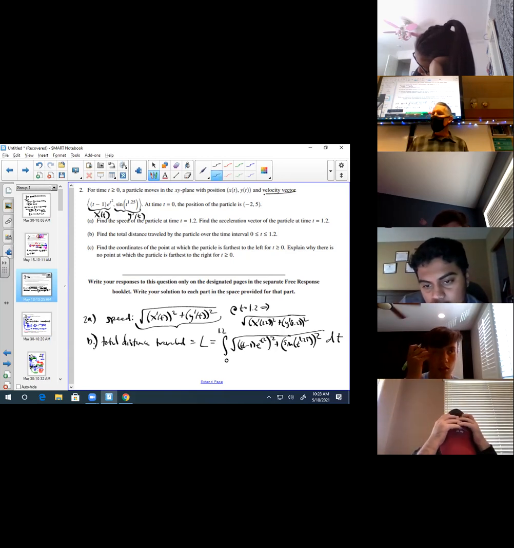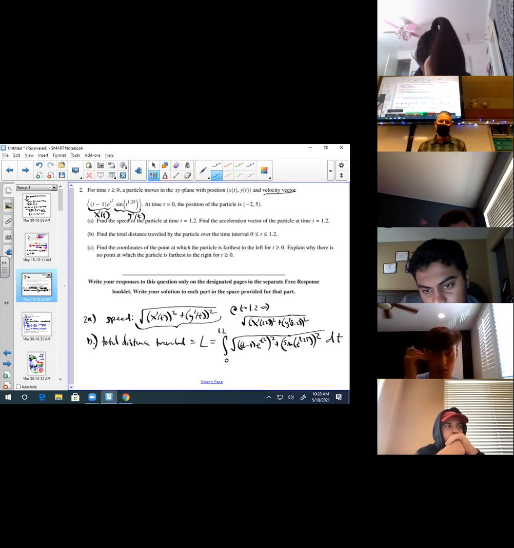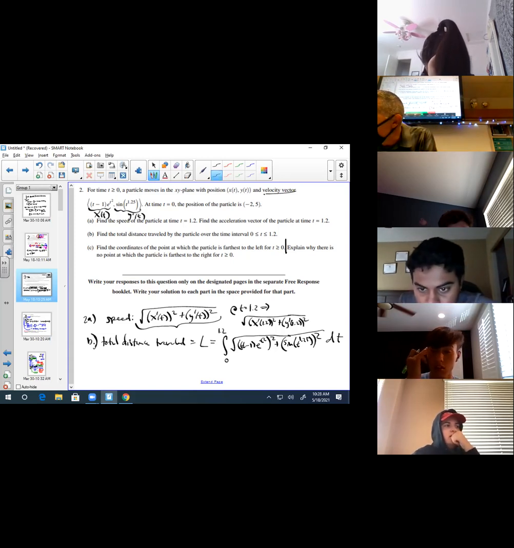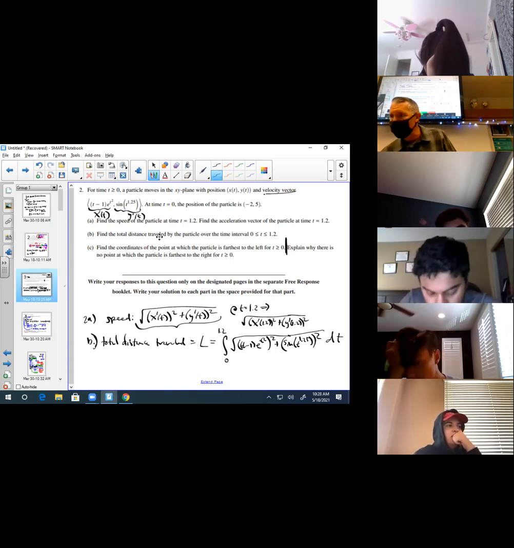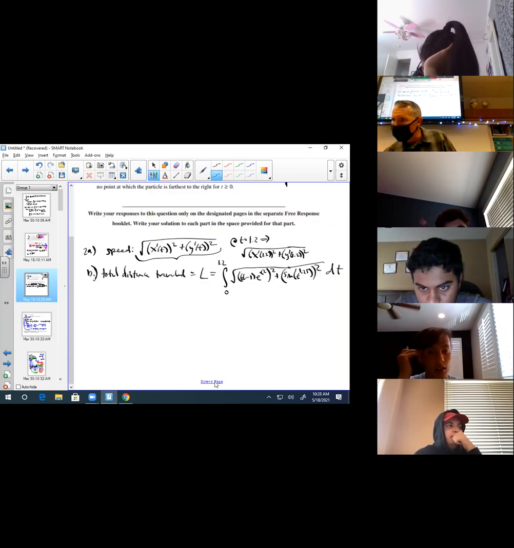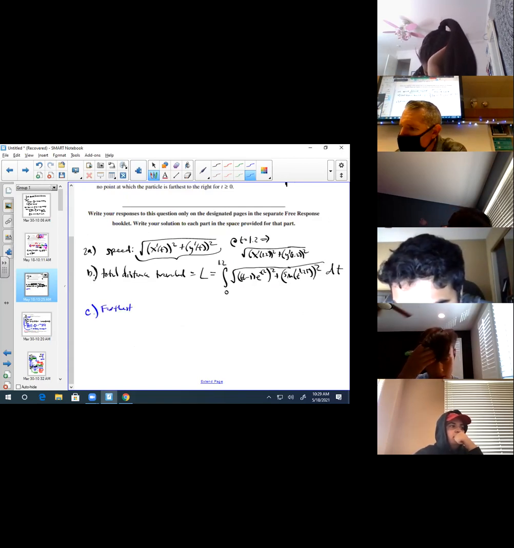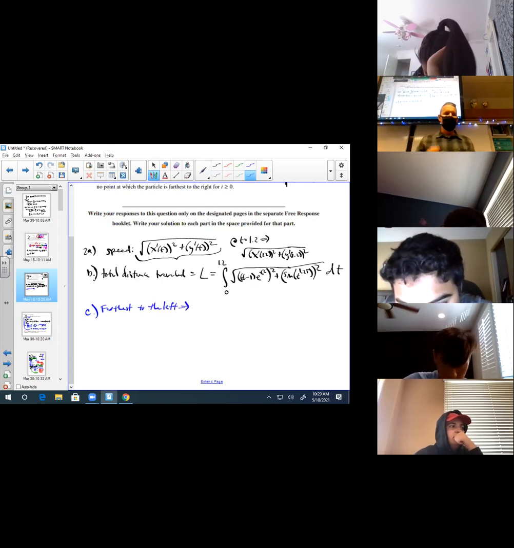Find the coordinates of the point at which the particle is farthest to the left for t greater than or equal to 0. And then there's another part of that, which is explained. But let's do that. I'm going to use maybe blue for that. So C. Farthest to the left.